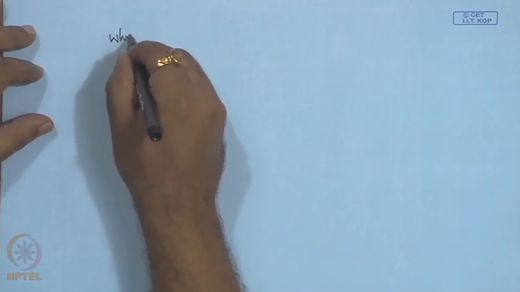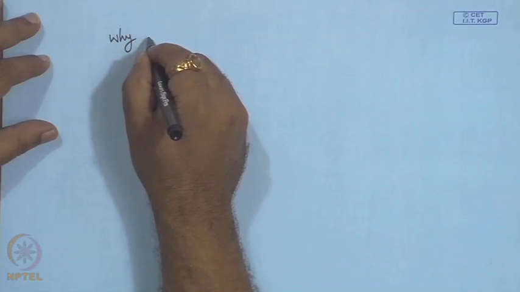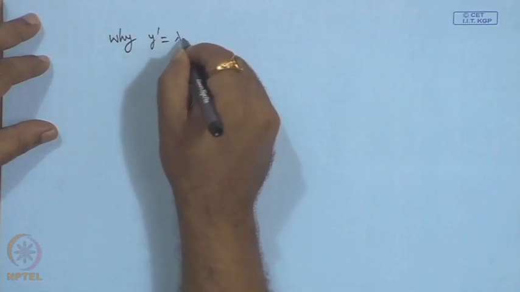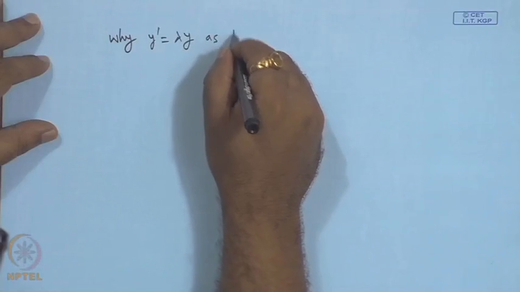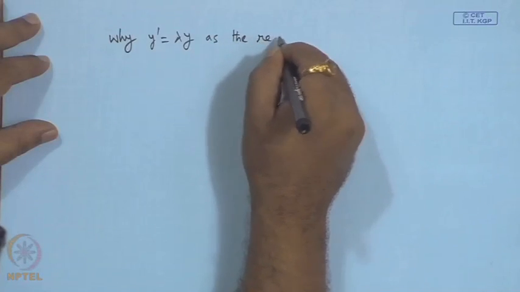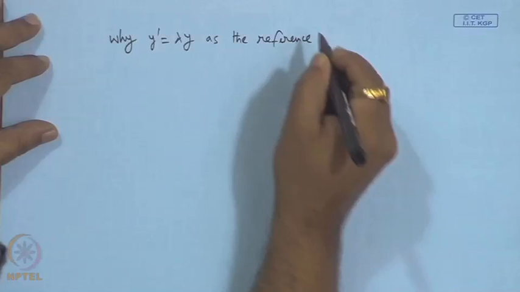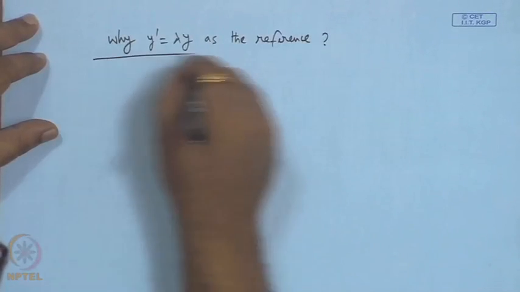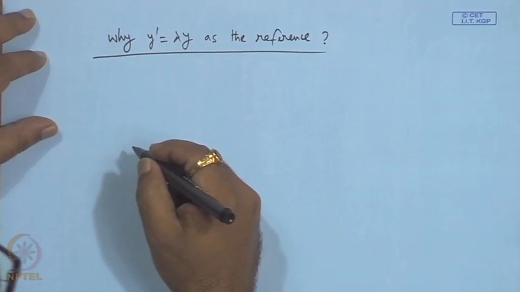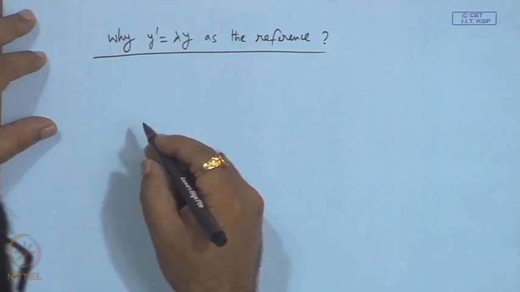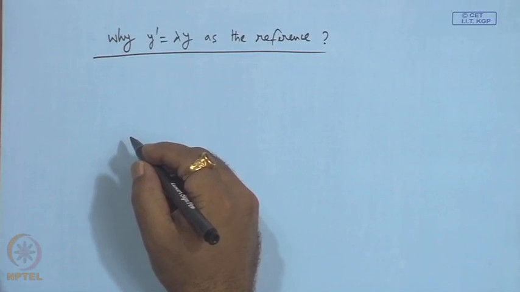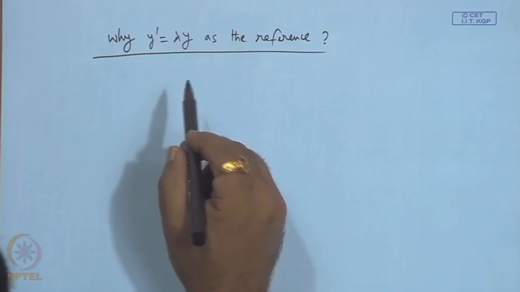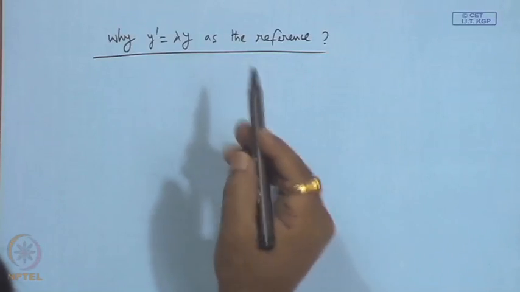So, y dash equals lambda y as the reference. Right. So, what we are doing? We are considering a particular point x and y n, and we are trying to analyze for that value what happens to the approximation.